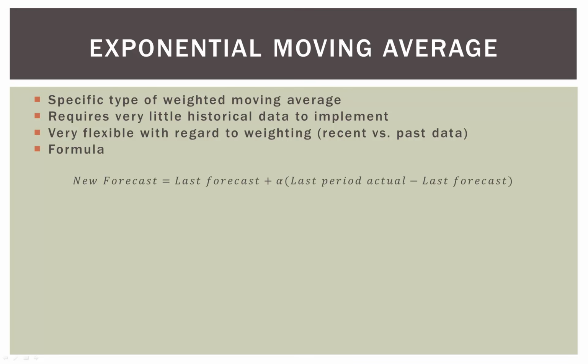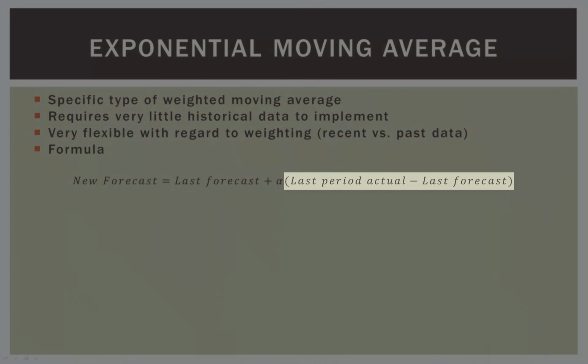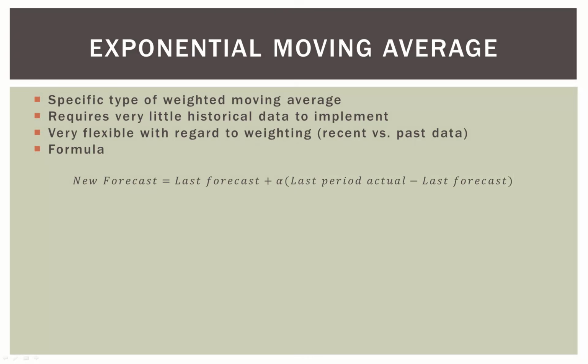Here's the basic formula for the EMA. To find our new forecast, we're going to do the following. I'm going to start on the right-hand side of this equation because I think it's easier to start there. In the parentheses, we're going to take last period's, in our case last year's, actual enrollment, and then subtract last year's forecast.